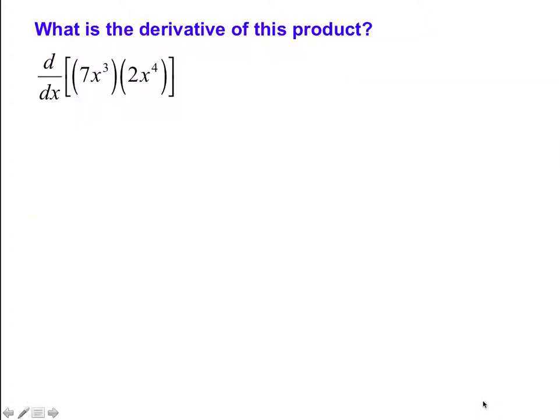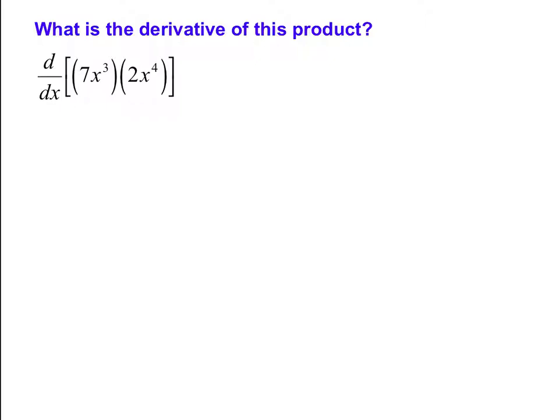Now here's something that's a little bit different in its look. I want to know what the derivative of this product is. And so, again, I'm throwing some parentheses at you. If it's easy enough, what we want to do is just do the math to get rid of the parentheses so we can get back to that power rule.